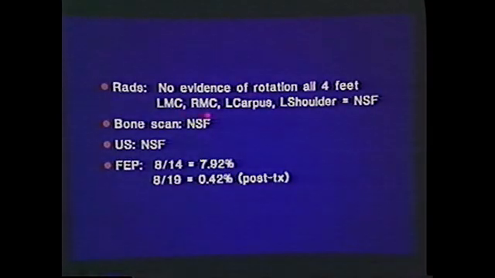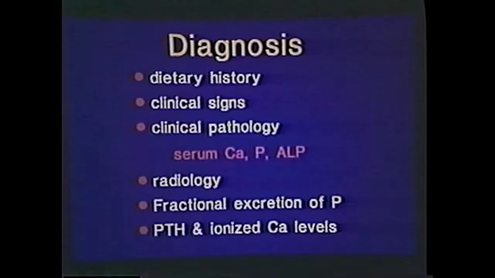Radiographic evidence, bone scanning, ultrasound, or other ways to diagnose it. Key, fractional excretion of phosphorus, 8%, and that should be under 0.5%. It's a very easy way, without any ancillary data, to get a quick diagnosis. Very often serum calcium is in reference range.